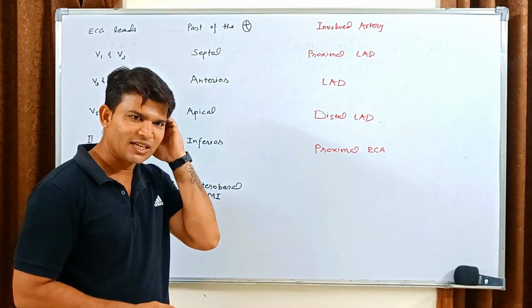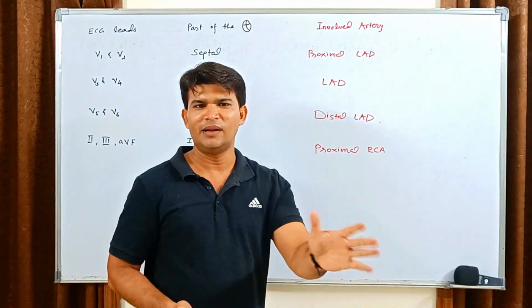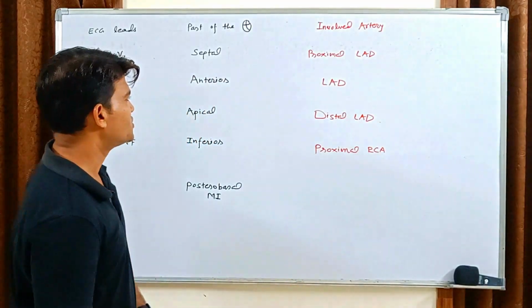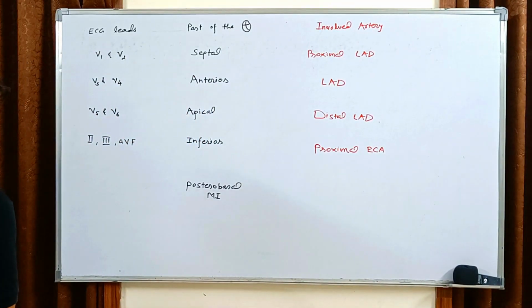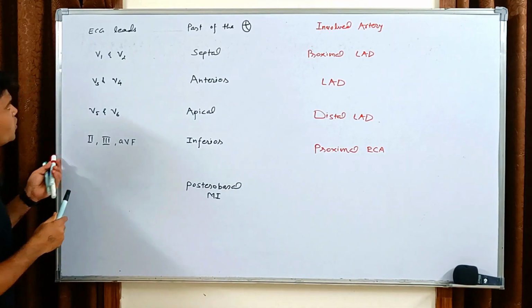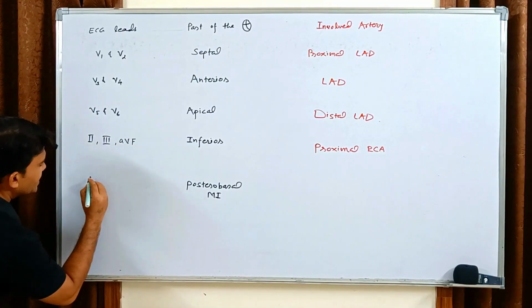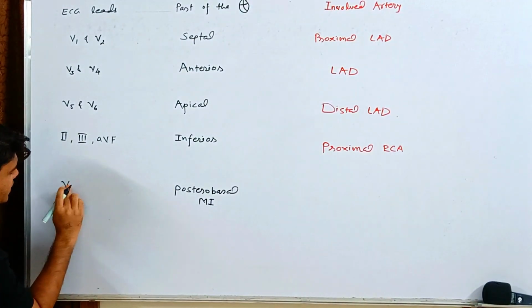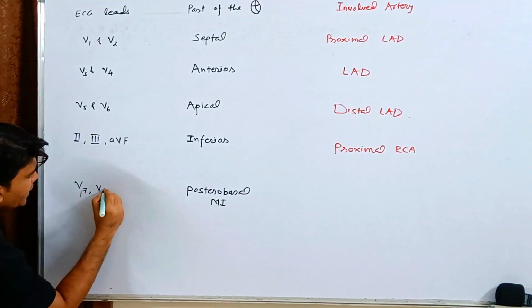If you see ST segment elevation, then you will label the patient as having posterior MI. If we are talking about STEMI, then we will have ST segment elevation in V7, V8 and V9.